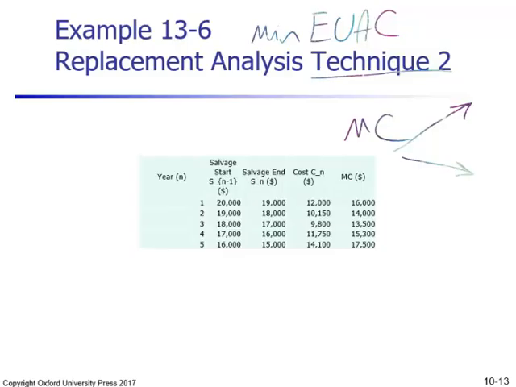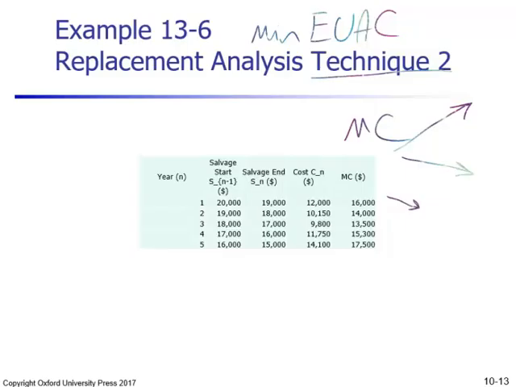So here 16,000 goes to 14,000, so you see it is decreasing, and we need to use technique 2. So what we need to do now is calculate minimum EUAC for the defender.